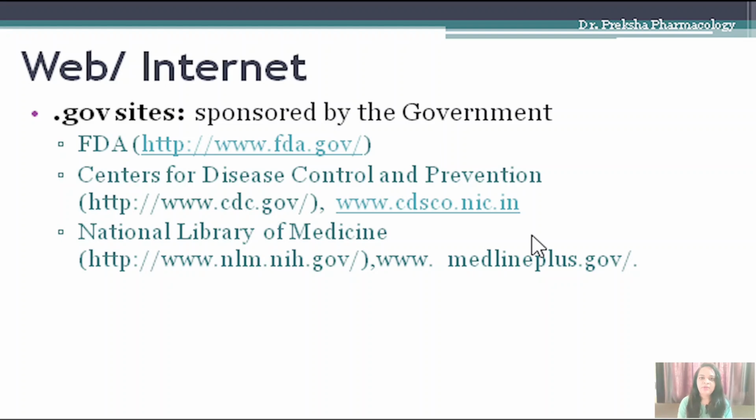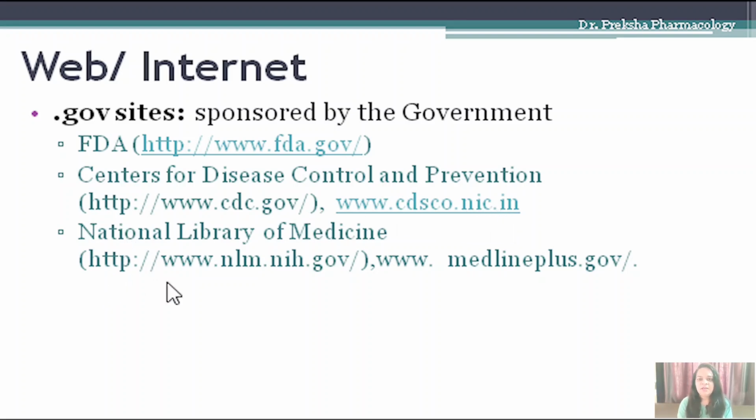Now coming to the web or the internet as a source of drug information. All those websites which have .gov as their web address are sponsored by the government. For example, the FDA, www.fda.gov, or the Centers for Disease Control and Prevention, www.cdc.gov, or cdsco.nic.in.